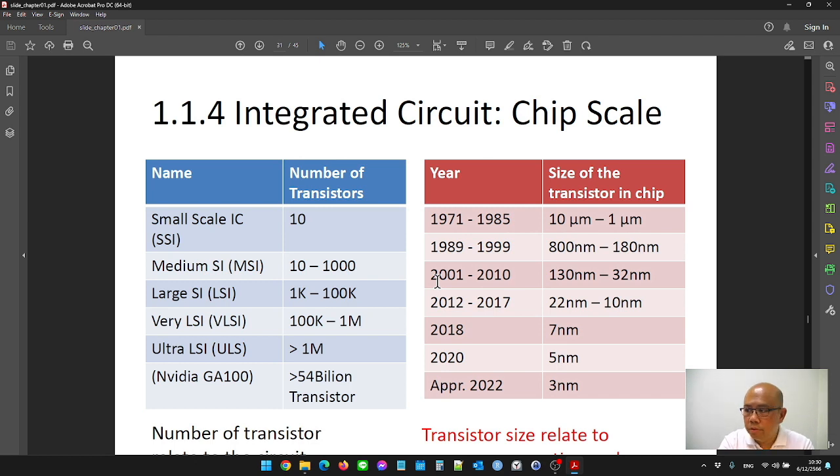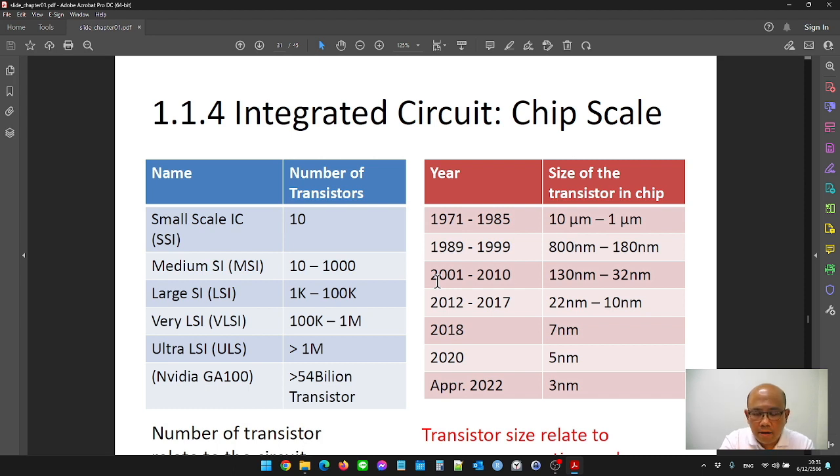Now we talk about the size of the transistors. This slide has two parts. On the left-hand side, the blue table is related to the number of transistors in the circuit and the integrated circuit.